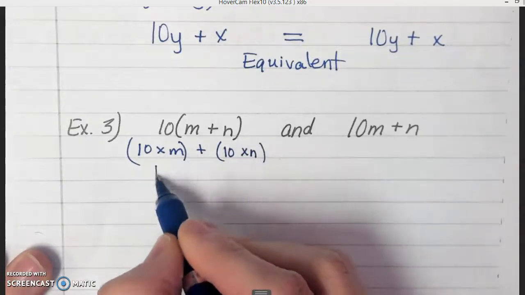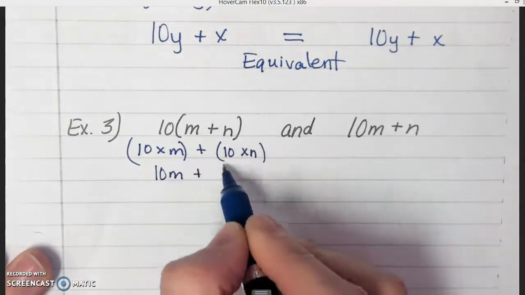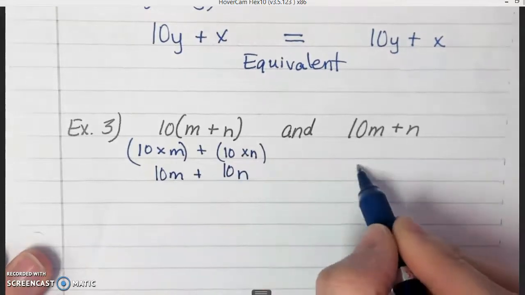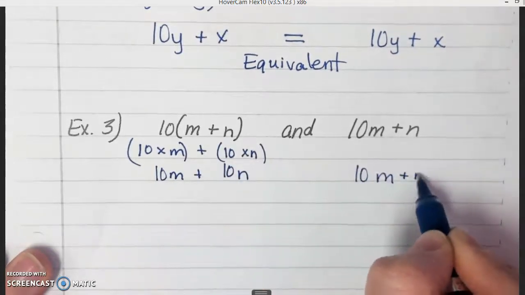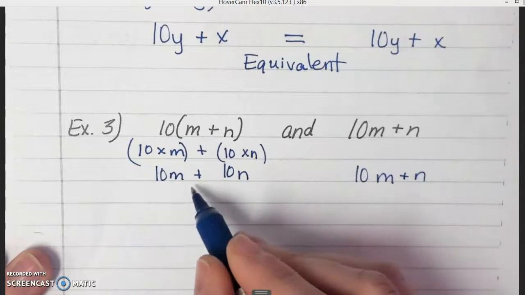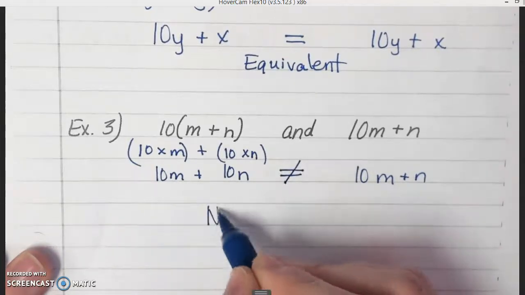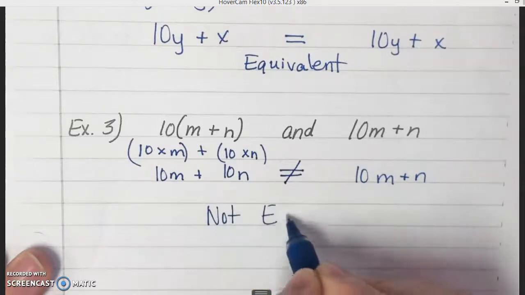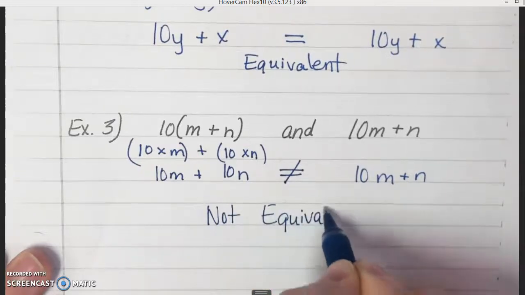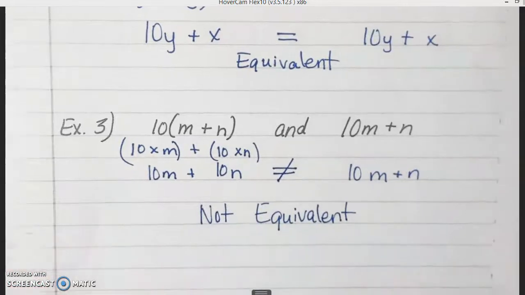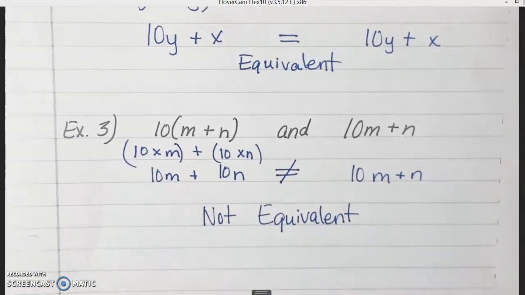So 10 times m is 10m plus 10n. Are these equivalent? No. So these are not equivalent. Do you understand why they're not equivalent? Yes.